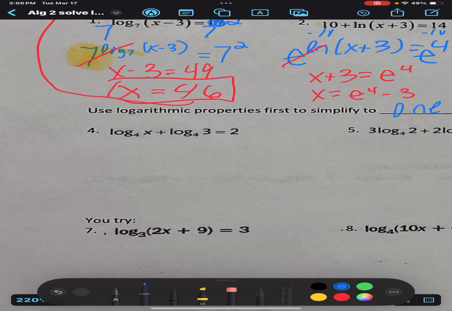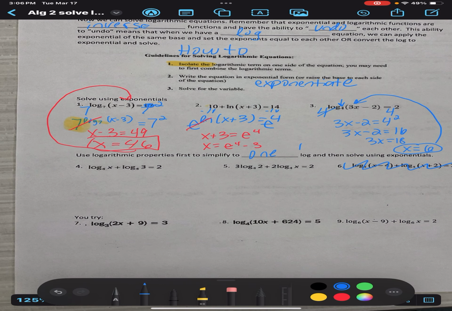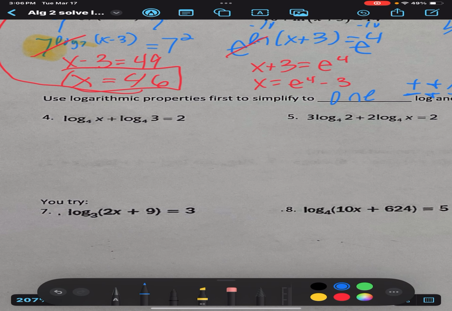For this one, I want to condense first, and remember our properties of logs: adding and multiplying, subtracting and division. So this is going to rewrite as log base 4 of 3 times x. If you don't want to write x times 3, that's fine. I just like the 3 first.